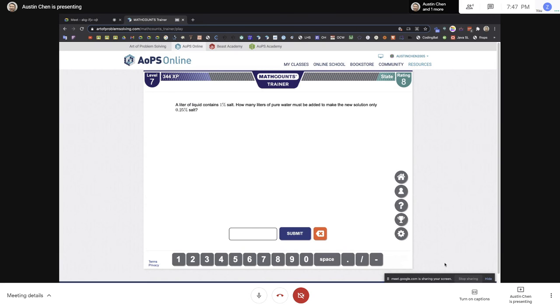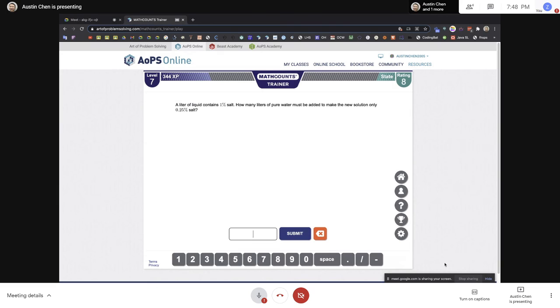Then think of how many liters of water I need with 10 milliliters of salt so that it's 0.25% salt. It's gonna be 0.01 over x equals 0.0025, and you can see that x needs to be 4.